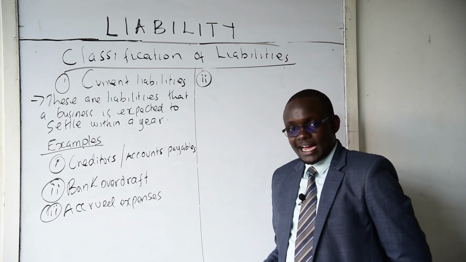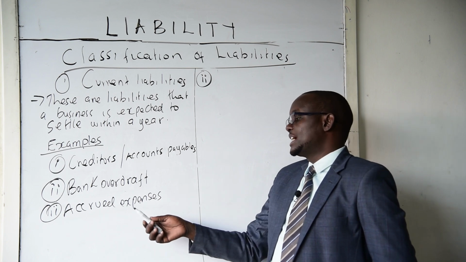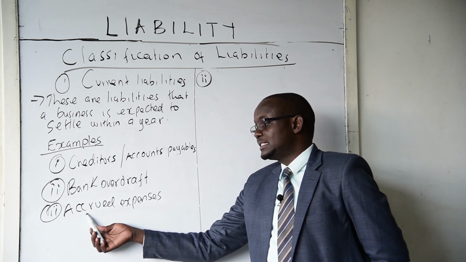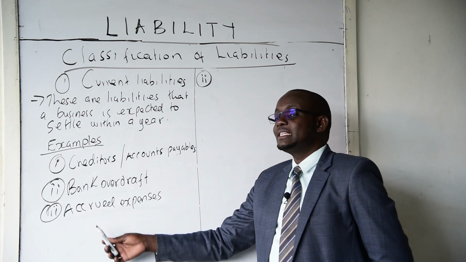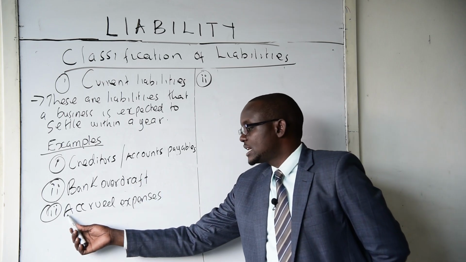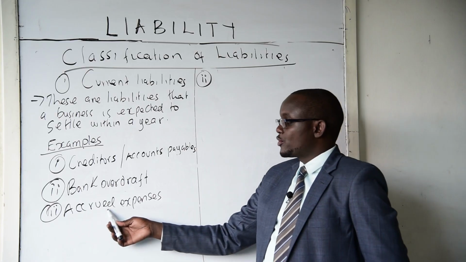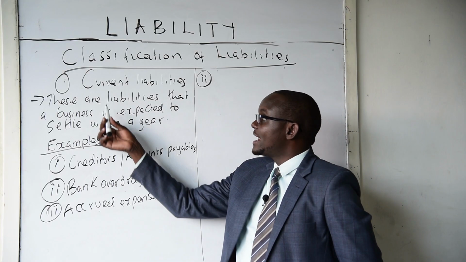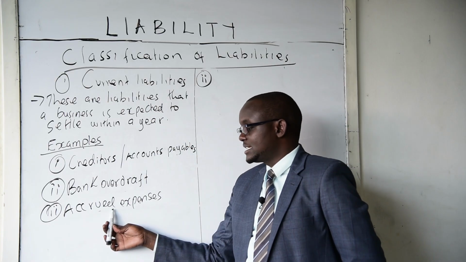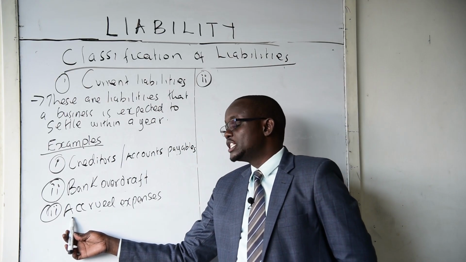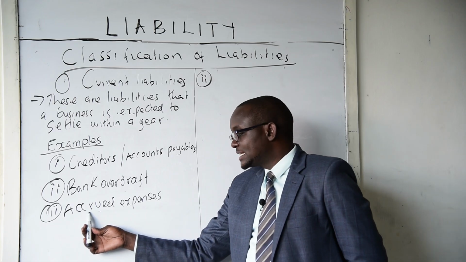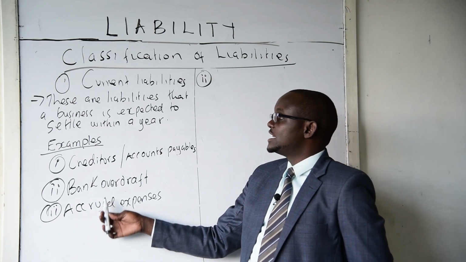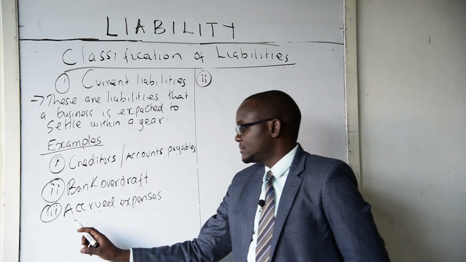In this current year, that rent is accrued, to mean it has piled up. Those accrued expenses are debts, hence they are current liabilities. And you don't expect them to continue piling up. You are expected to settle them within a year.